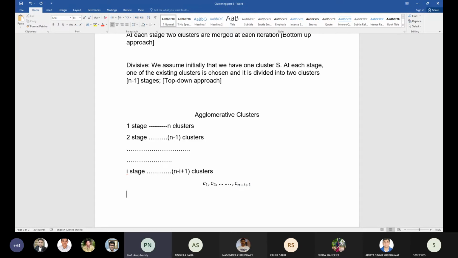Now the computational complexity of this algorithm: you have to merge two clusters. As you know, agglomerative clustering is a bottom-up approach, so you merge two clusters and make a single cluster.